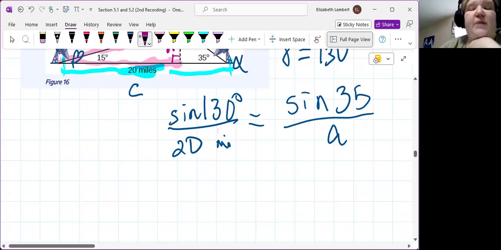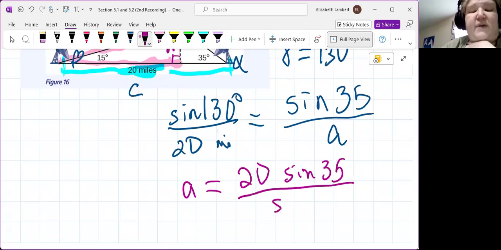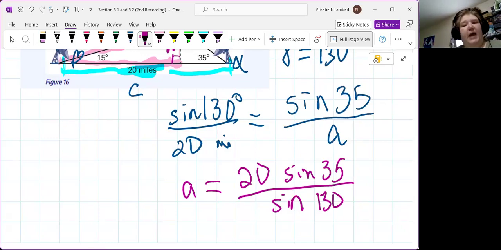So we will divide by the 130. So we will have the 20 times the sine of 35 divided by the sine of 130. Trig functions of angles give us proportions, which do not have units. So we have 20 miles. So this result will be in miles.